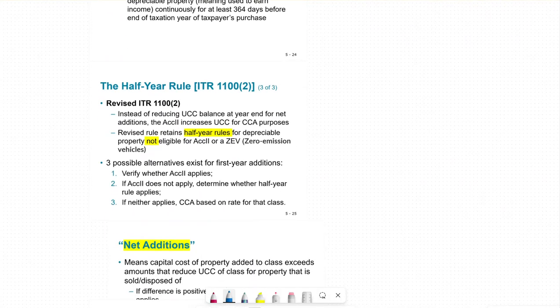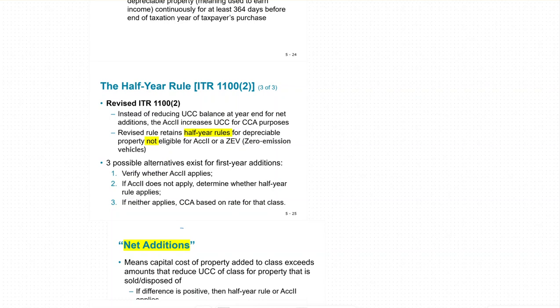Now this is also another one. The half-year rule is revised. What the revision is, instead of reducing the UCC balance at the end by the net addition, the accelerated investment incentive increases the UCC for CCA purposes.